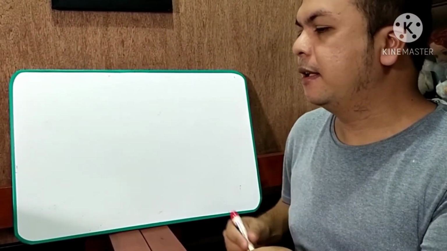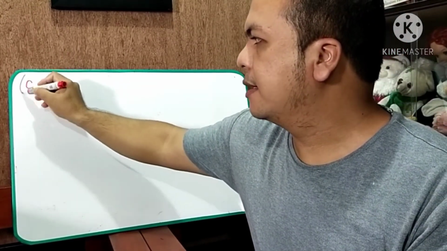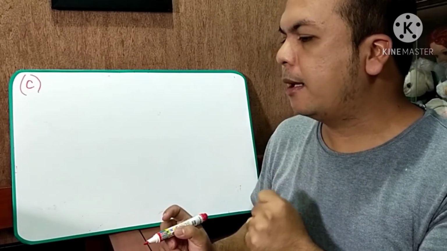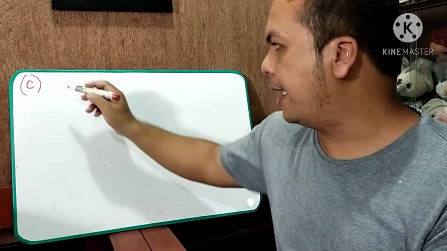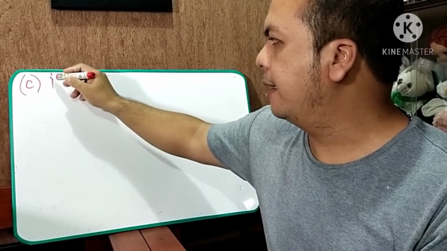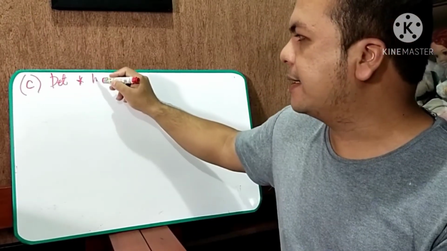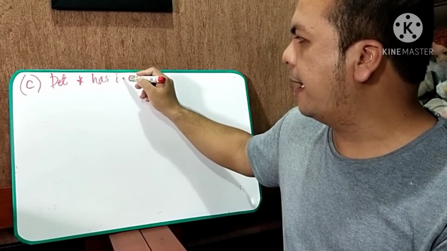That is, so, C, that is, determine whether the operation has identities. Okay? Determine whether this operation star has identities.